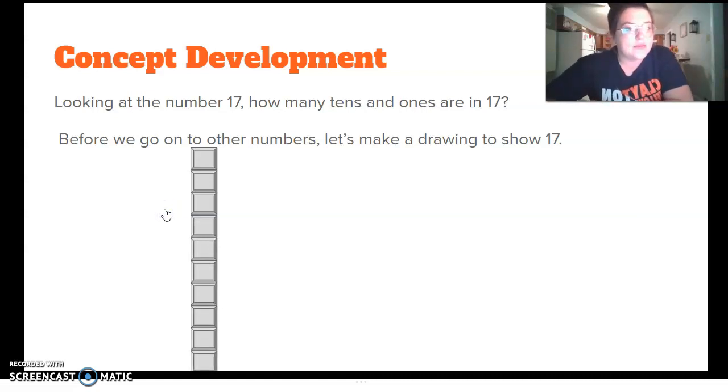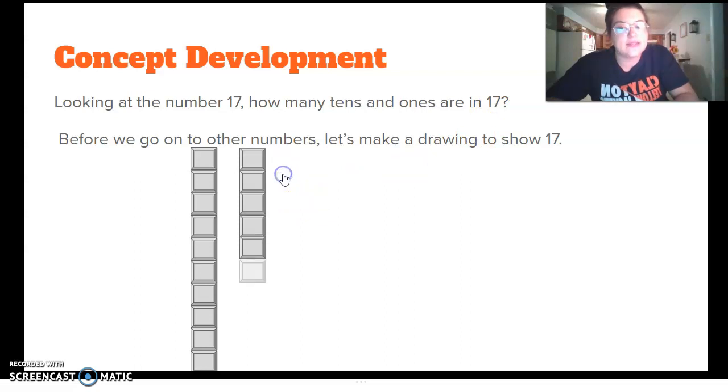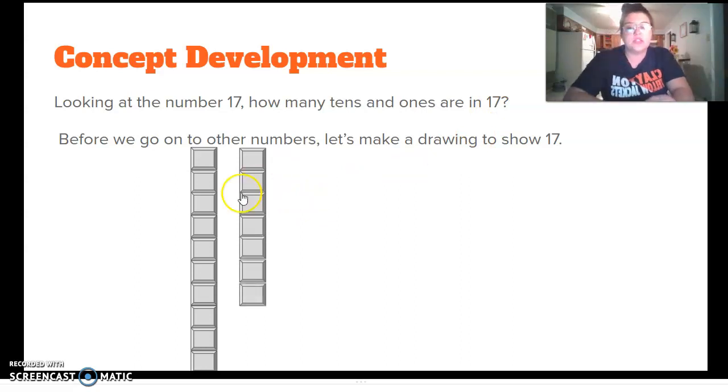There is my quick 10. Now how many ones? How many more cubes do we need to add to our quick 10 to make 17? How many ones? 7. So 1, 2, 3, 4, 5, 6, 7. So there is using our cubes and using quick tens and ones to show 17.